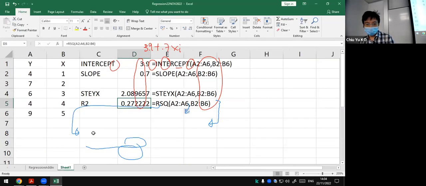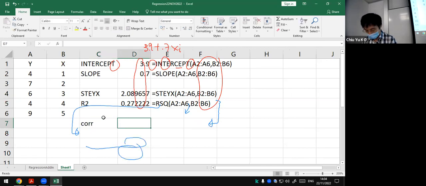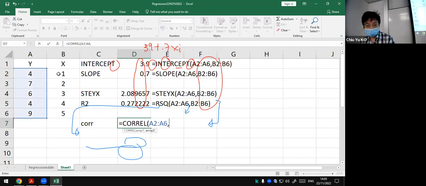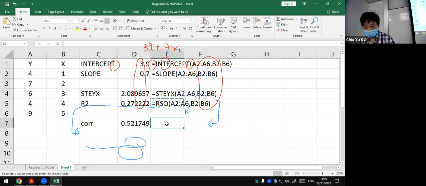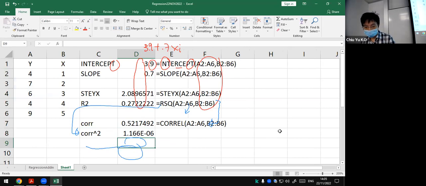So here I can do the CORREL, and we have y, and we have x. And we can do the correlation squared, which is this guy squared. Oh, sorry.